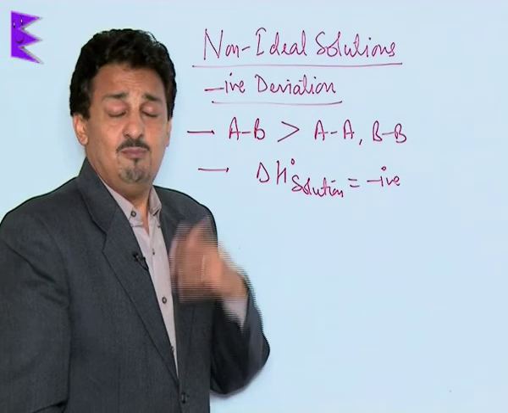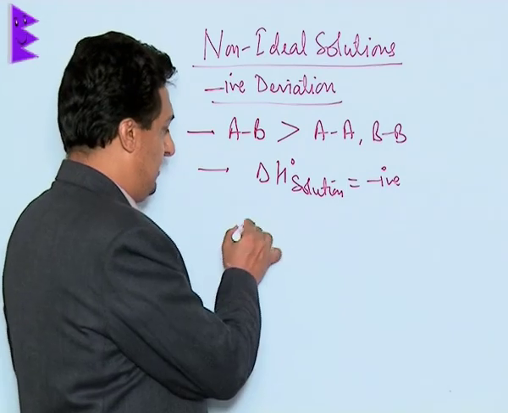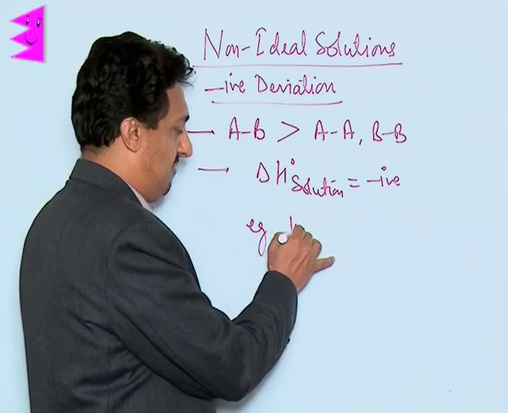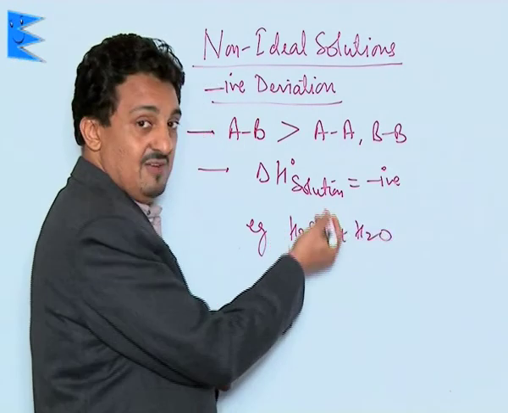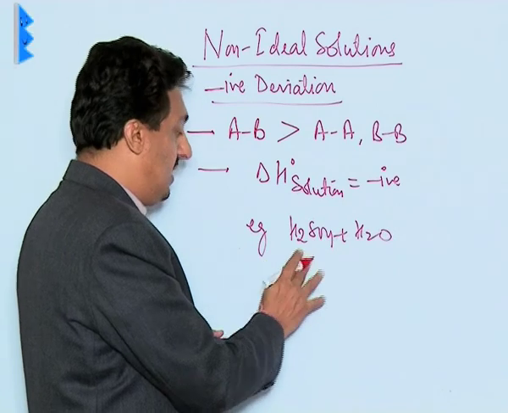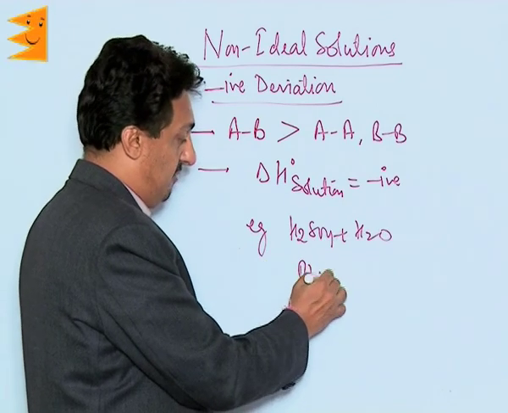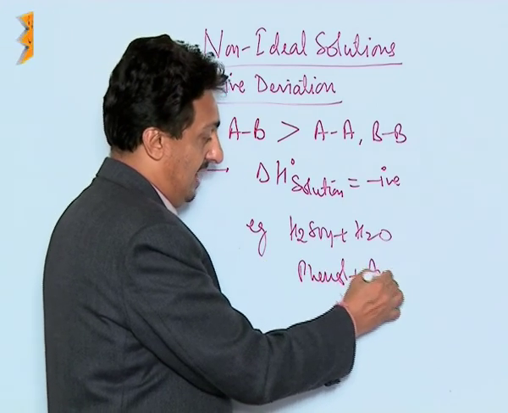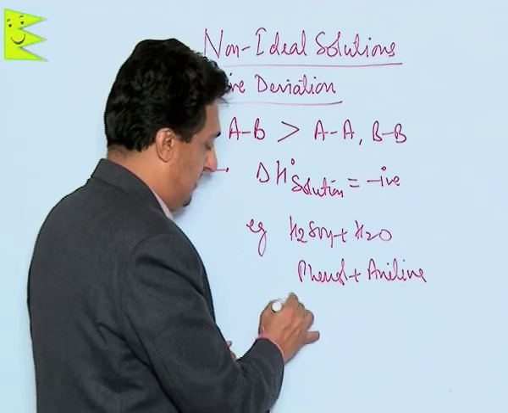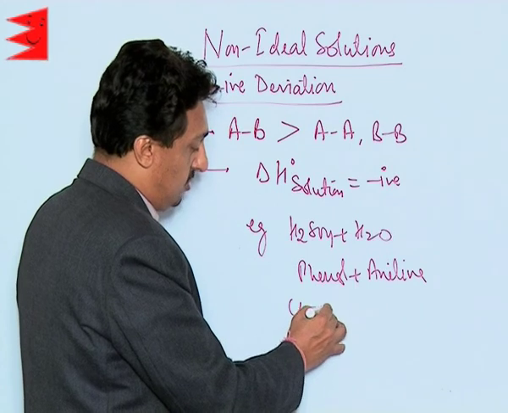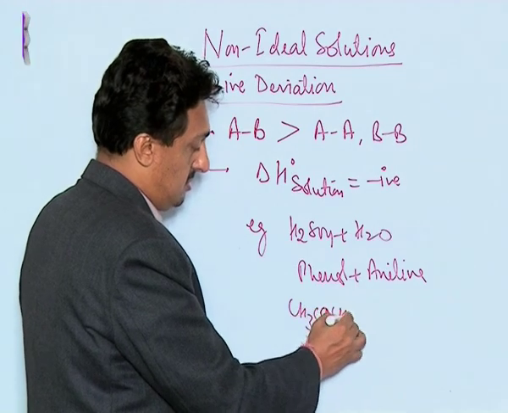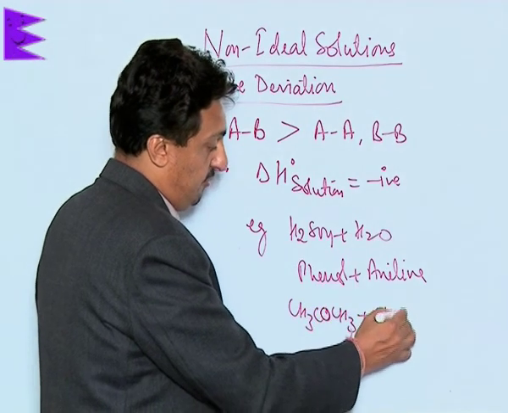We can have many other examples of this type, like mixing up of sulfuric acid with water. We have taken nitric acid with water. We can have the example of mixing up of phenol and aniline, and we can also have the example of mixing up of acetone and chloroform.